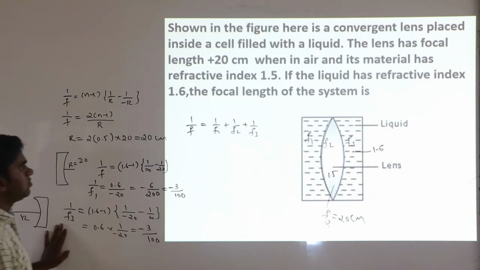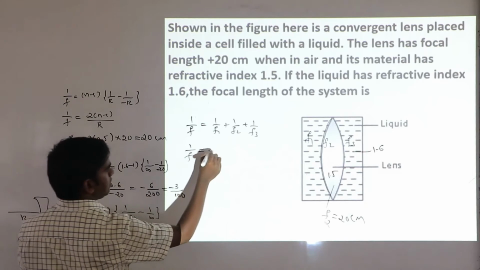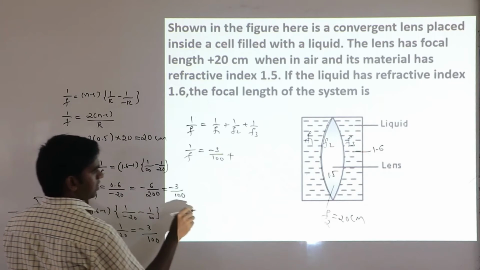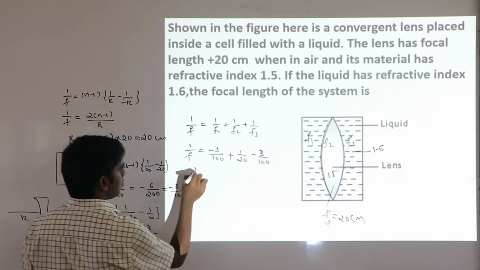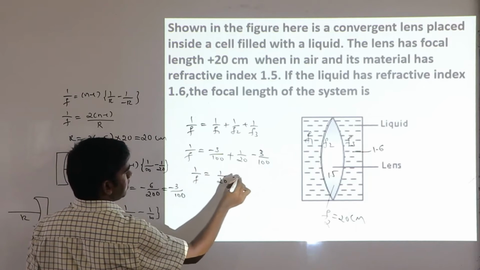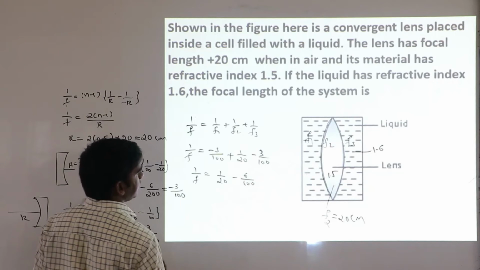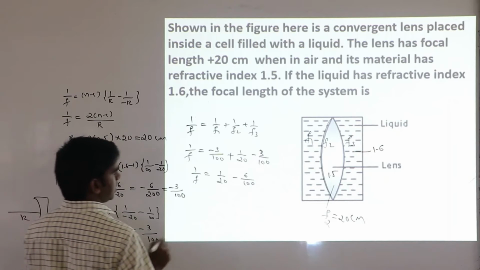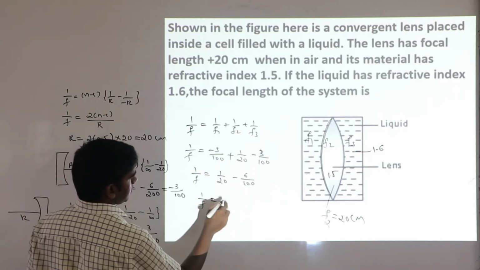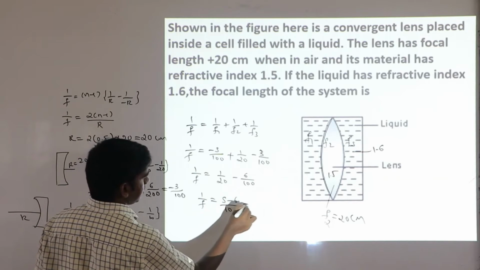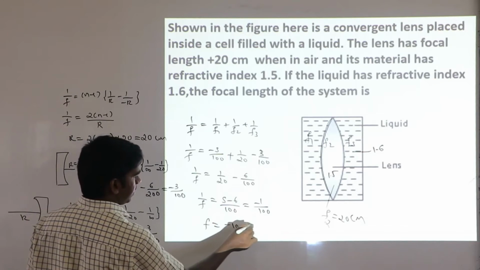Now substitute these values. 1/f = 1/f1, which is minus 3/100, plus 1/f2, which is 1/20, and again minus 3/100. So 1/f = 1/20 minus 6/100. Now 1/f = (5 - 6)/100, so this is minus 1/100. So f = minus 100 centimeter.